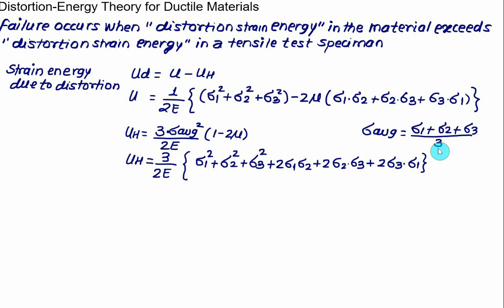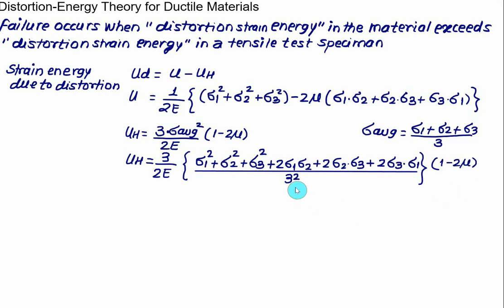This 3 is in the denominator, so you have to make a square of this term also, divided by 3 square, and again multiplied by the one term left here, that is 1 minus 2 times mu.